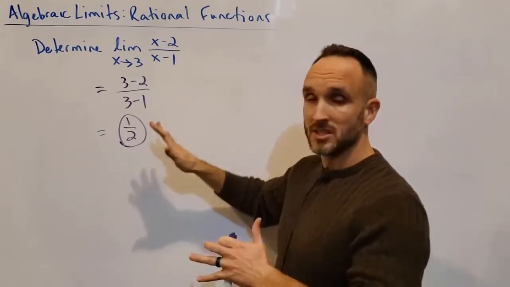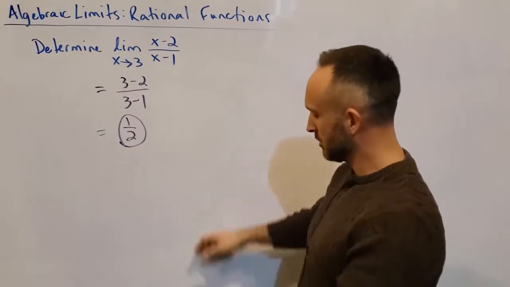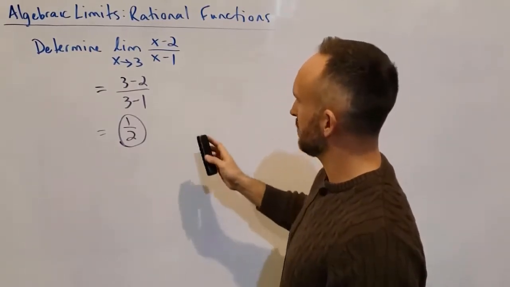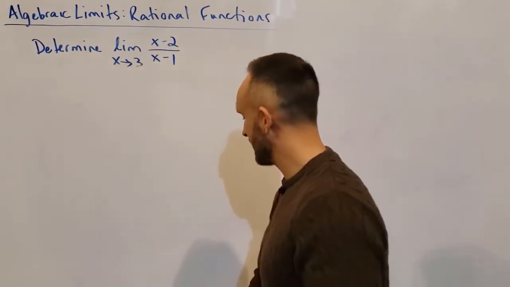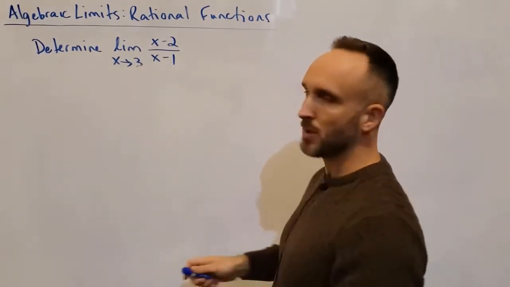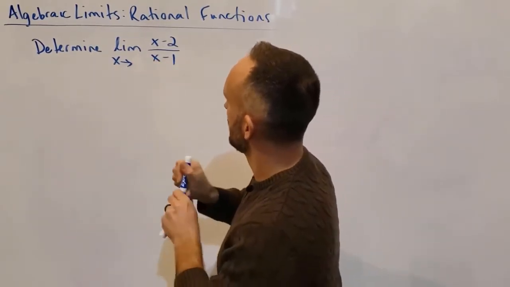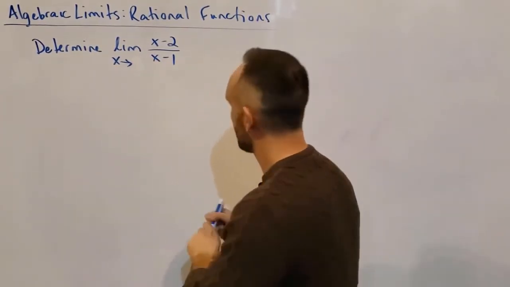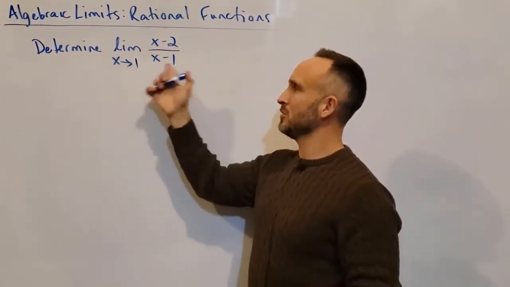But most of the time when you're finding a limit, it is pretty straightforward. Okay, so let's look at a more interesting example with respect to this function x minus 2 over x minus 1. You can probably guess we're just going to change this to 1. Because now we can't do direct substitution.